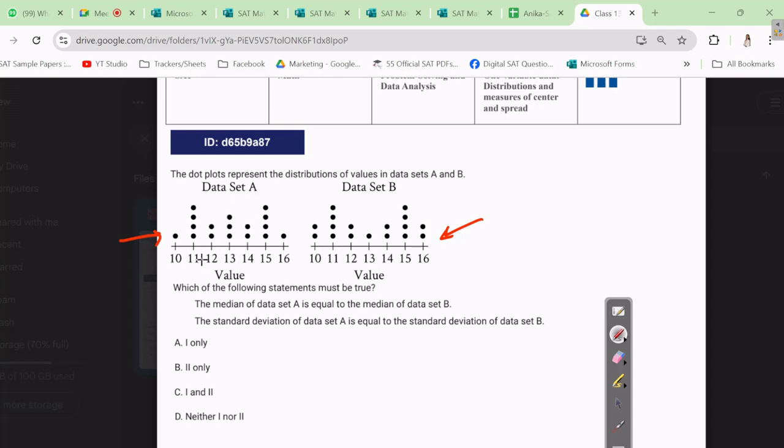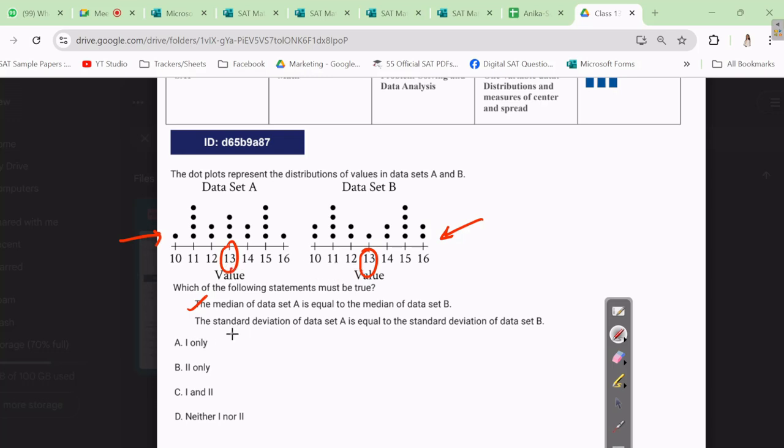But it's not necessary that the medians of two data sets will be equal. In this case, they are equal. You have to find it for both of them. For the first one, it is 13, and for the second one as well, it is 13. That's just a coincidence. So yes, the first statement is correct. The median of data set A is equal to the median of data set B because they are symmetric.